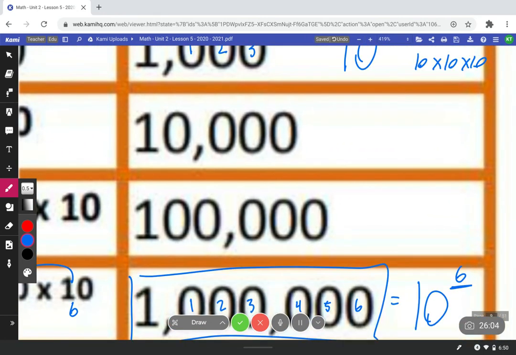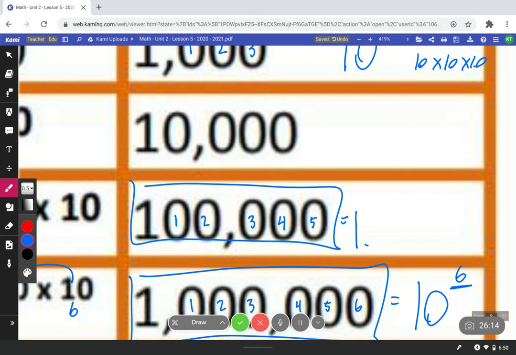Let's do this one and show it all. 1, 2, 3, 4, 5. So I have 100,000, and that equals 10 to the power of 5, which is 10 times 10 times 10 times 10 times 10.